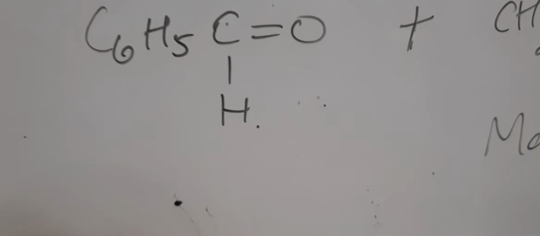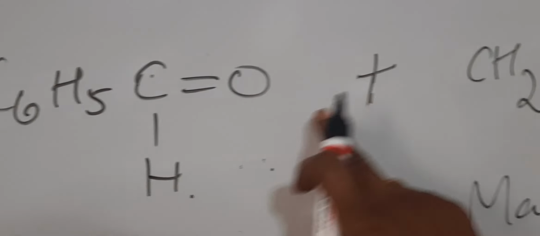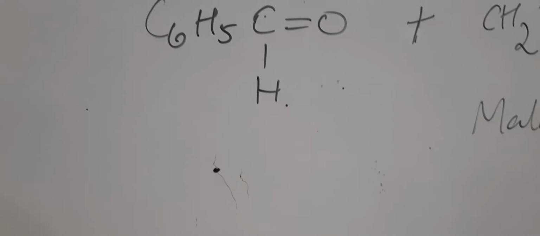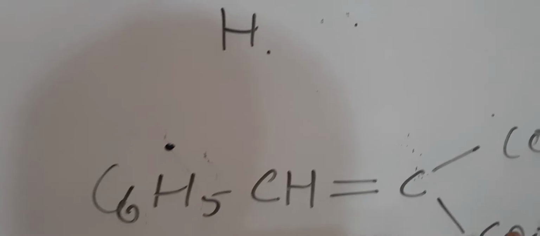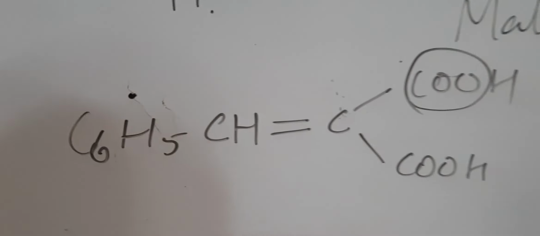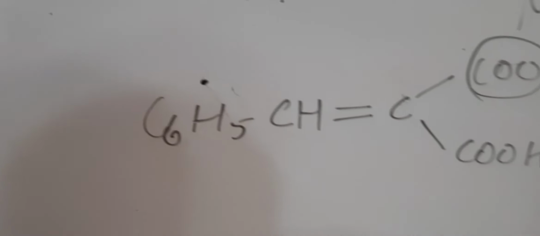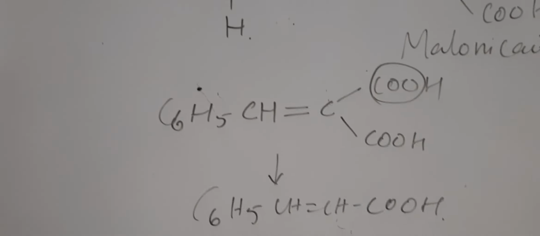What happens is water removal: H2 from here and oxygen from here will get removed. This is an unstable intermediate from which carbon dioxide will also be removed. Then you get cinnamic acid. So we have completed the four naming reactions of benzaldehyde.